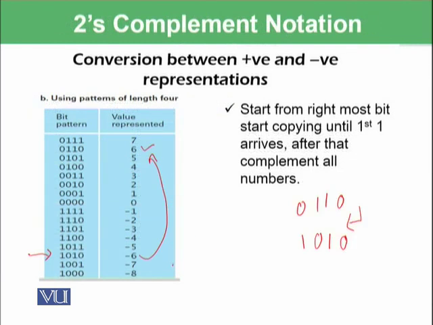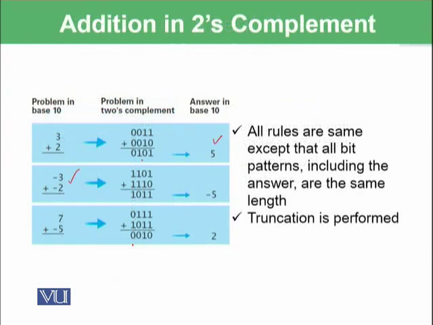You can see on the previous slide that 1011 is representing minus 5, and then 7 plus minus 5 gives you 2. That is perfect. So all rules are the same except that all bit patterns, including the answer, are the same length.